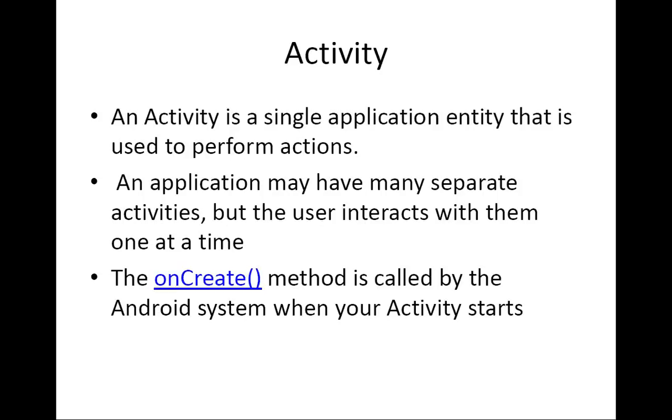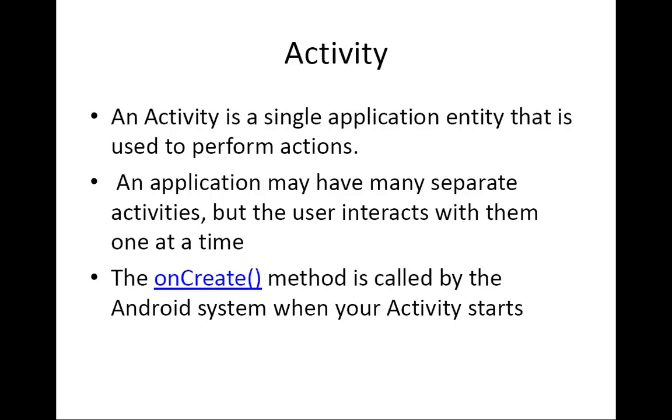There are certain concepts here. So one is activity, and there's a lot of documentation around this. I've tried to simplify it as far as I could and put it here. So an activity is a single application entity that is used to perform action. Now it's a very general definition, but the point is that how the user is going to interact, what is going to get set up for him, is what is defined in an activity.